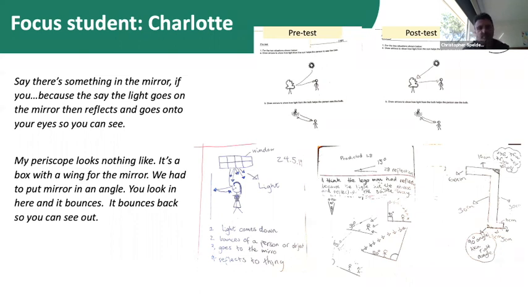Her periscope, okay, we'll say didn't work all that well, but you can look in there and light bounces. So you're starting to get with Charlotte that deeper building understanding of how light moves and how light works. Next slide.